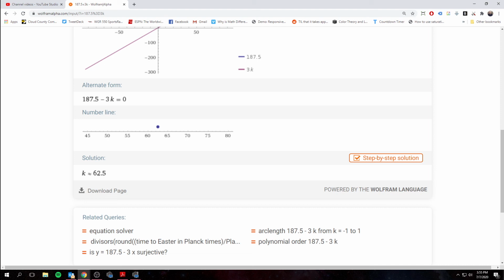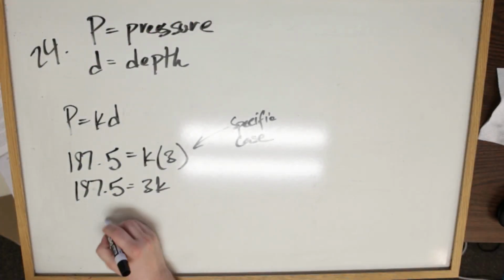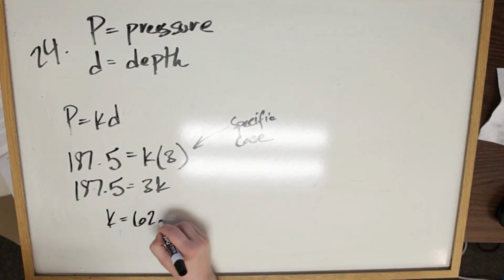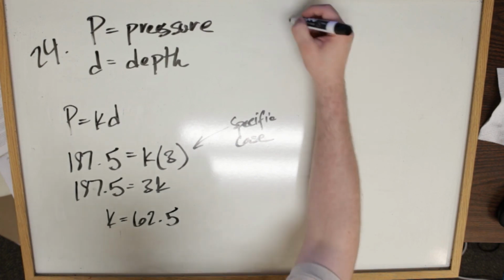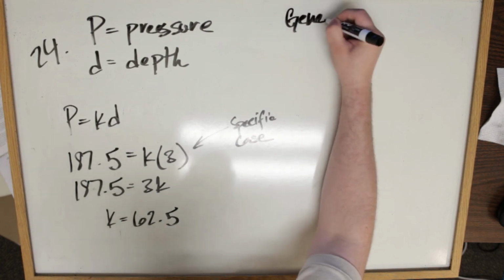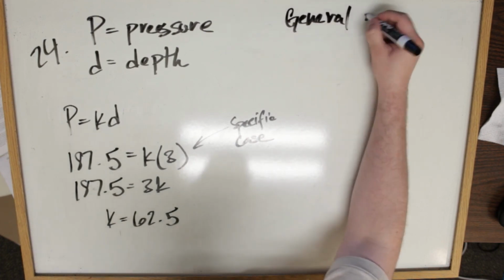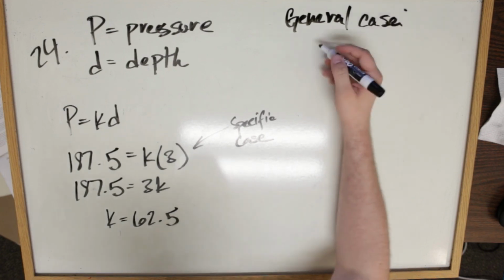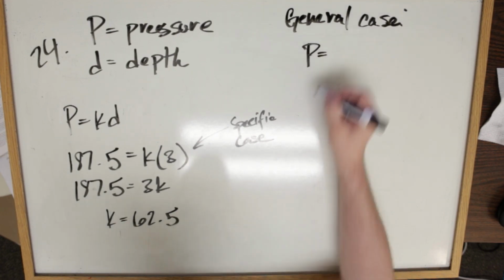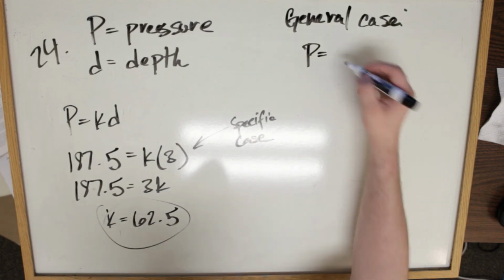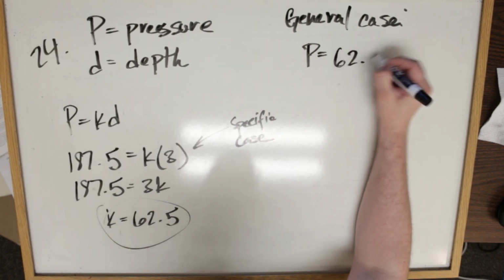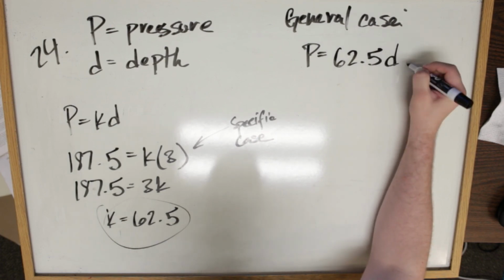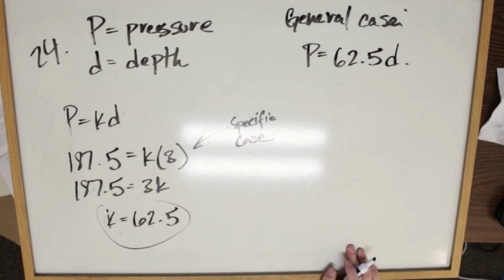Let me switch back to the whiteboard. So K is equal to 62.5, which means that if I look back at this, my now general solution, P is equal to that number, the K right here, we're going to sub it in for that K, so 62.5 times D, okay?